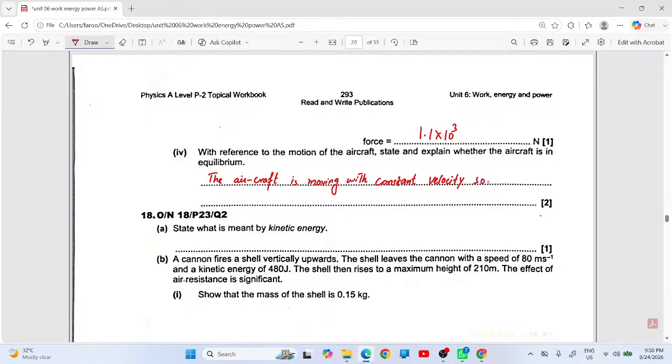So the acceleration is zero, and the resultant force is zero. Therefore, the aircraft is in equilibrium. Any confusion?